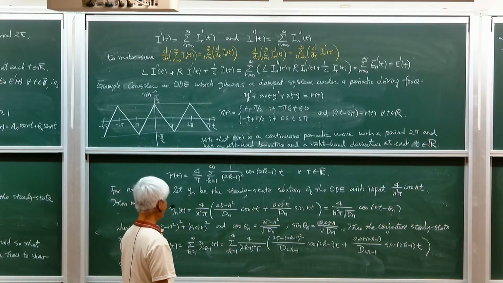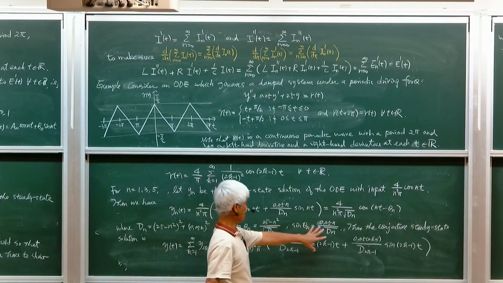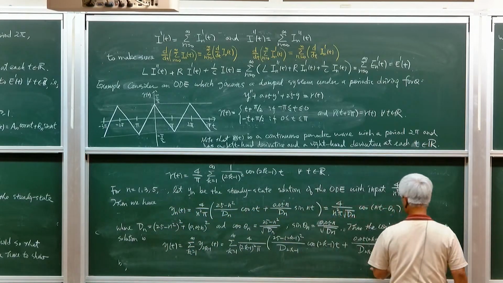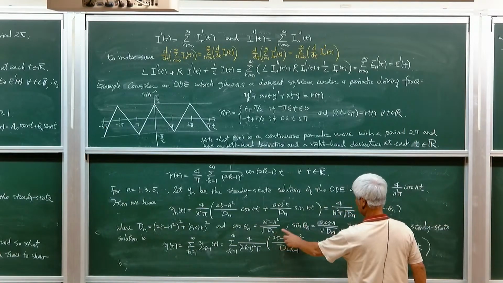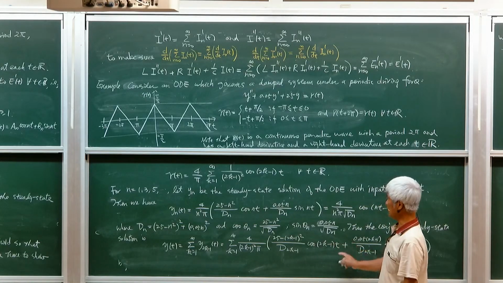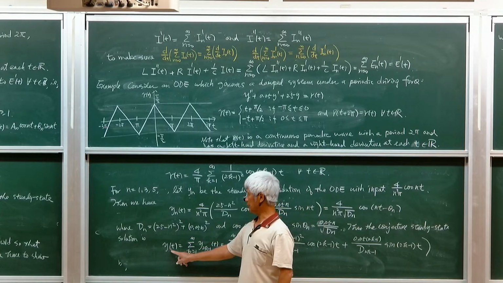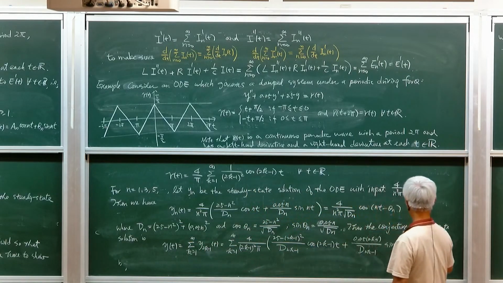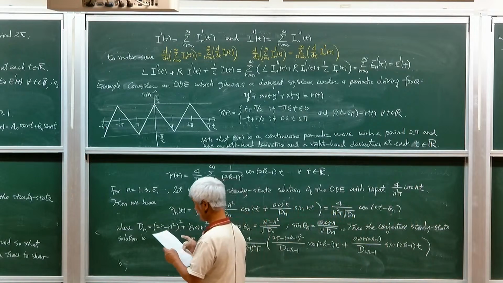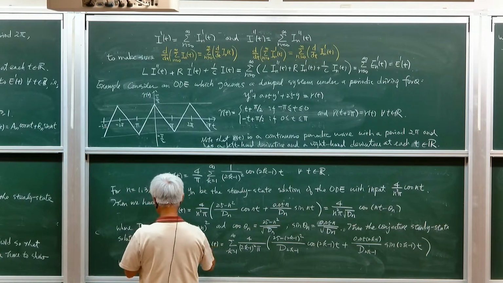And we haven't yet shown that this series converges. We haven't shown that. So we have to show that this converges, and the sum of this series will be, say, y(t). So this is our conjectured steady state solution.